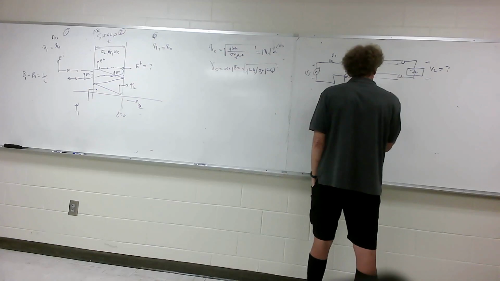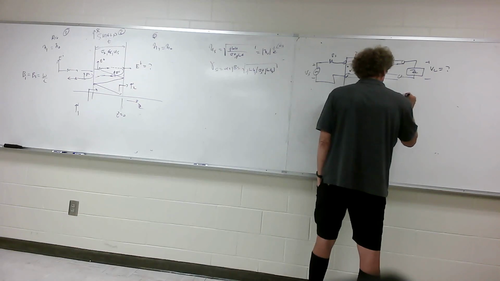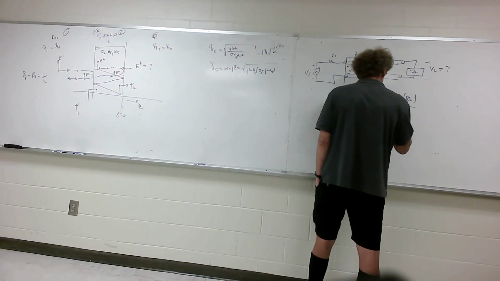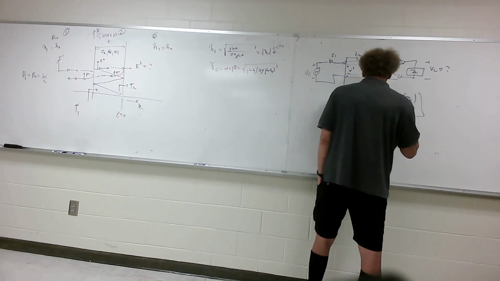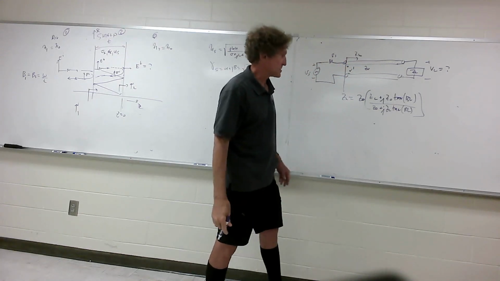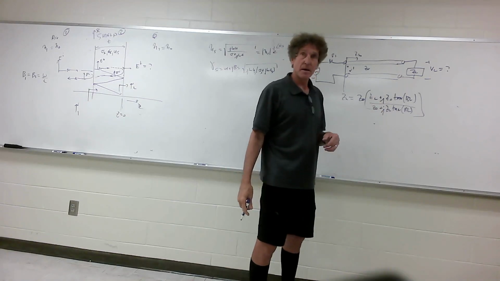Well, it was times Z load plus j Z naught times the tangent of beta L, over Z naught plus j Z L tangent of beta L. If it was lossless, and you found that out, do you remember that? Or if it was lossy, it wouldn't be a tangent there, it'd be a hyperbolic tangent, you'd lose the j.